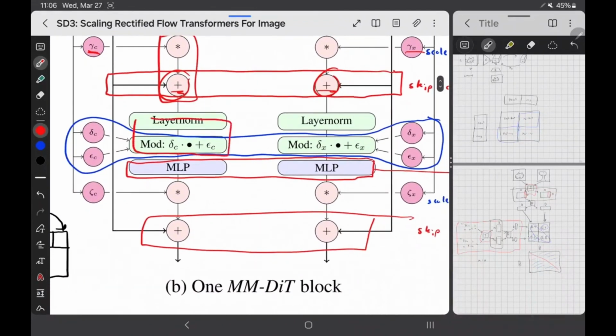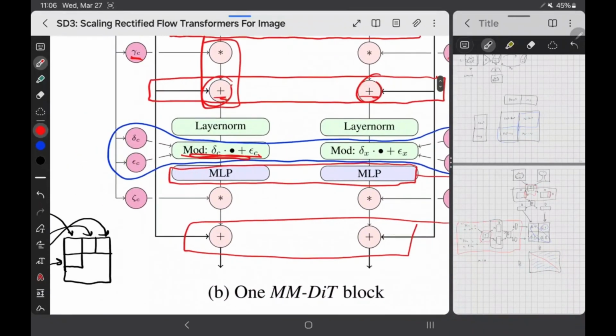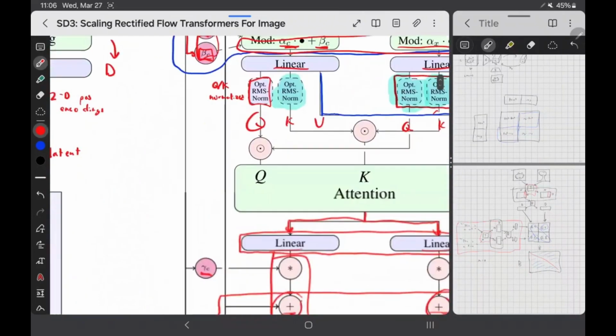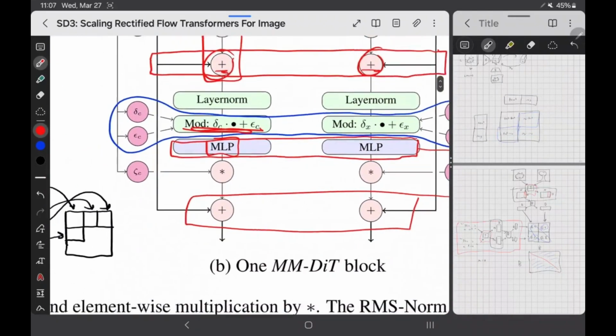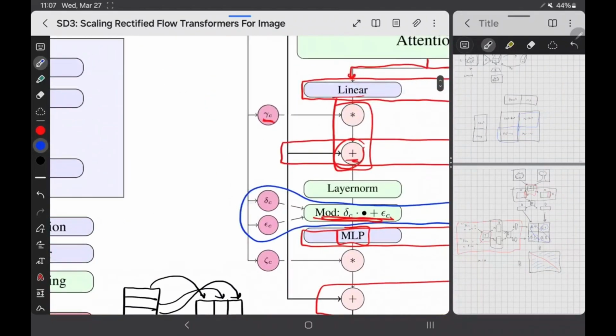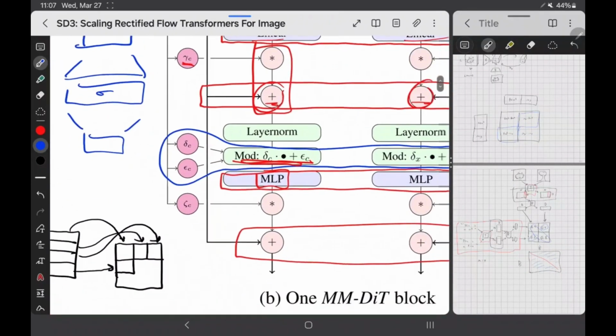Now we also have this layer norm here. So layer norm and then the conditional modulation, just like we had before, right here. So not any different. Then you have your MLP. This is just your large inverse bottleneck where you have your vector, you then project it up, you have a nonlinearity, and then you project it down.